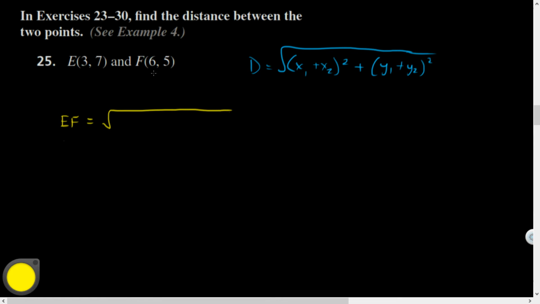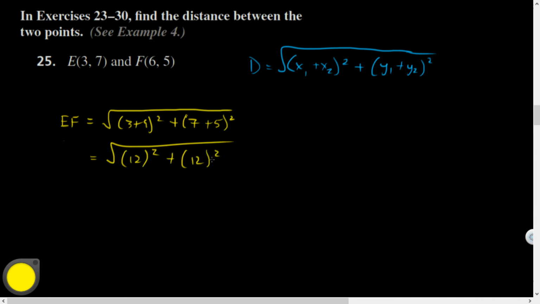Square root of 3 plus 9 all squared, plus... I was worried. Yeah. Man, I was doubting myself, guys. I doubted myself. But you guys would catch my errors. 12 squared. Uh-oh.